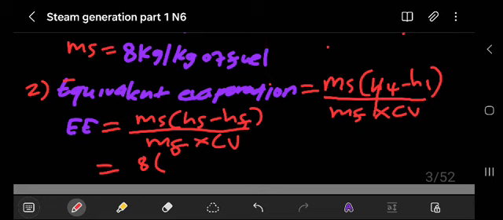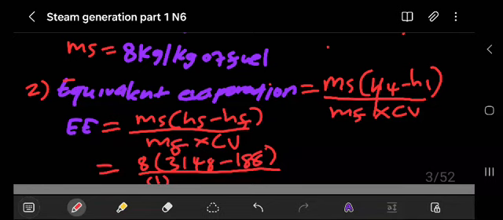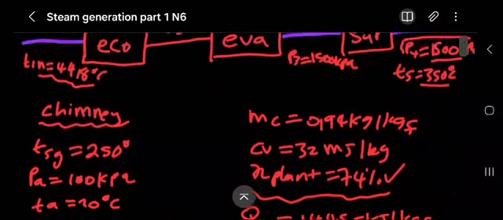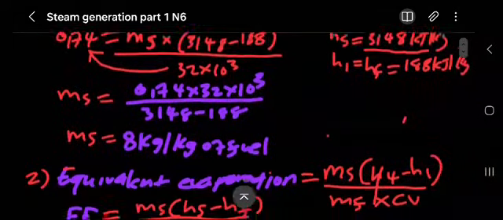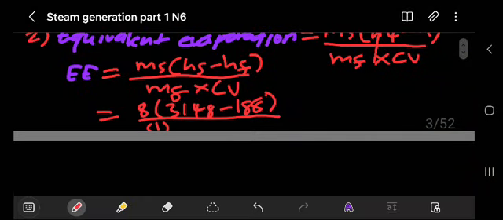H4 is 3148, H1 it was 188, all over the mass of fuel, we took it as 1, multiplied by the calorific value, which is 32 times 10 to the power of 6.